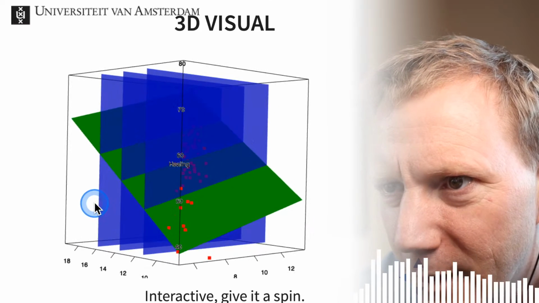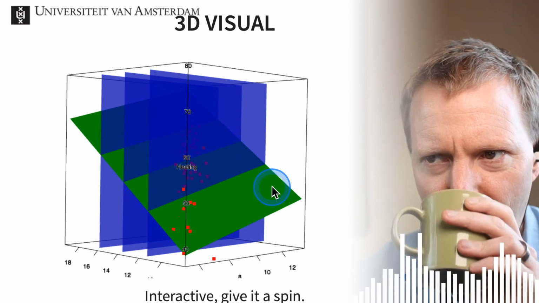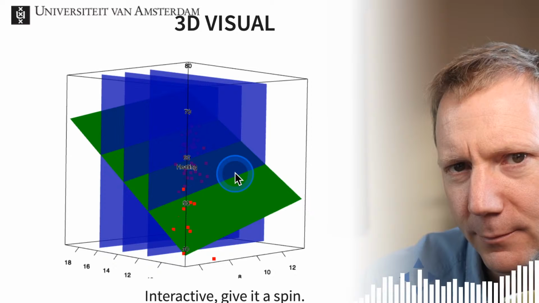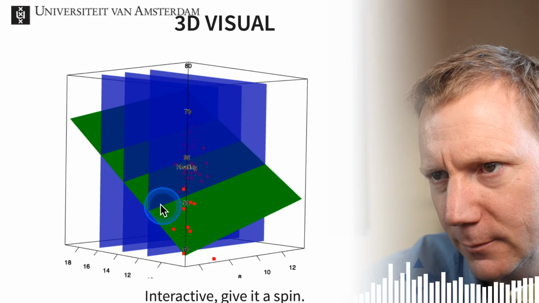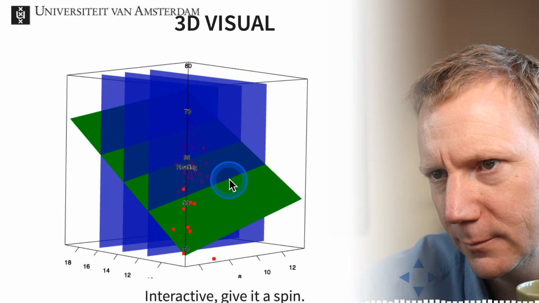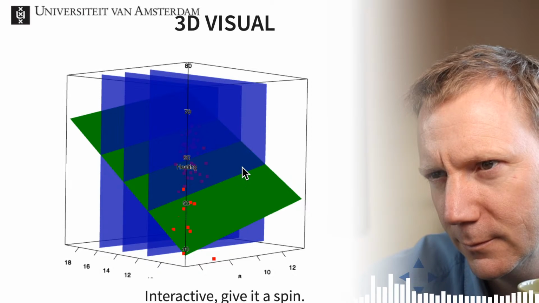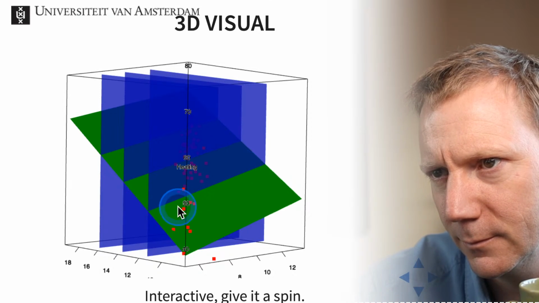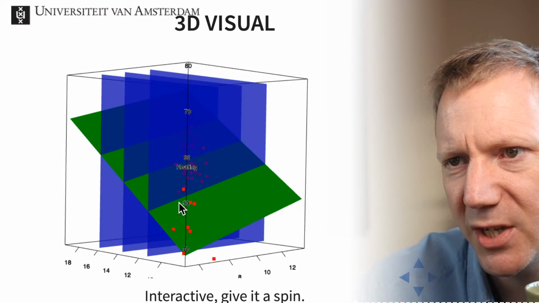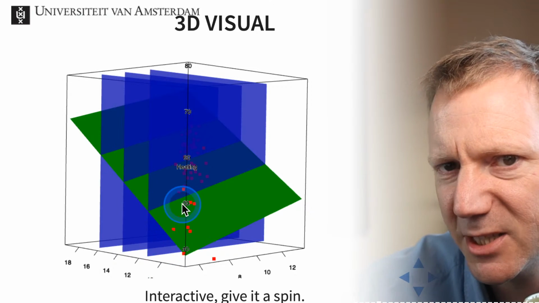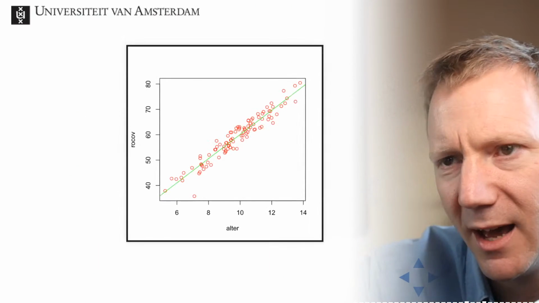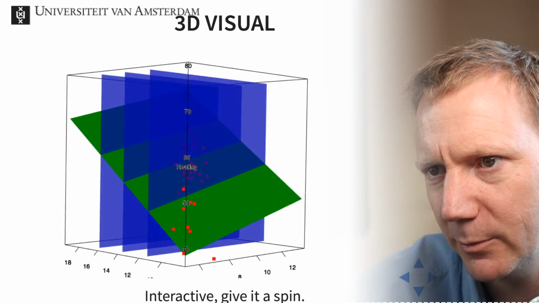Just to make sure I'm not wrong, but if we just look at the cutting point between one of the blue plates and the green plate, this line would be the regression between healthy lifestyle and alternative medicine without the mediator. And you can also see, like, no. It is with the mediator taken into consideration, because the fact that this plane is a little bit flatter than this line is because we take the mediator into consideration.